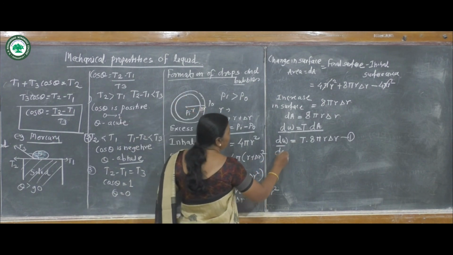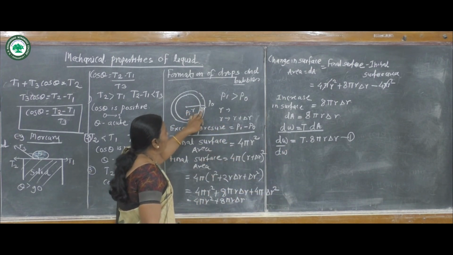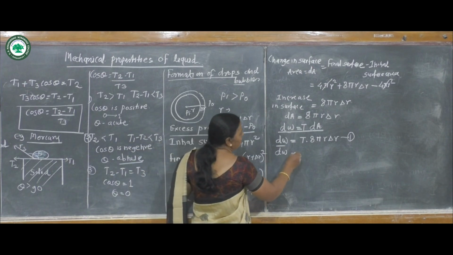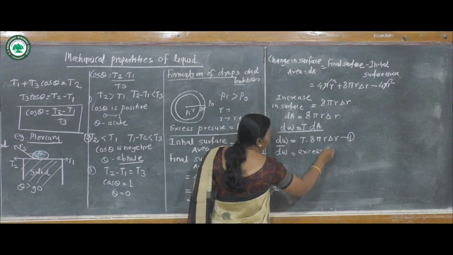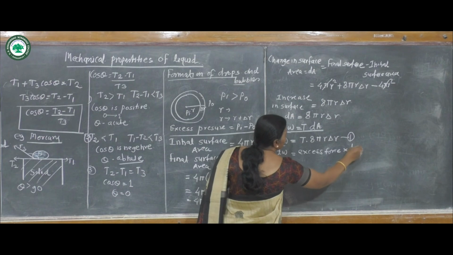This work done is represented by dW, and the displacement here is delta R. We can write work done is equal to excess force multiplied by displacement.